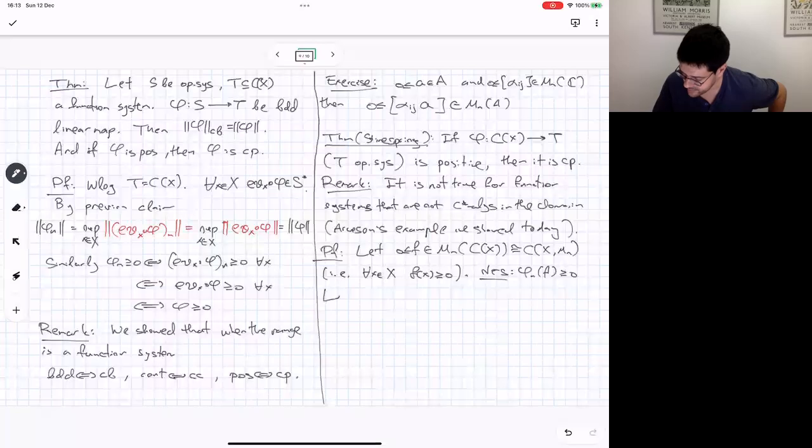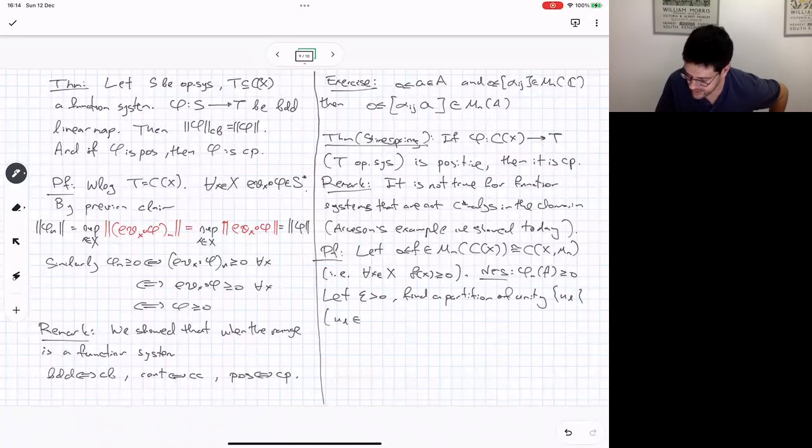Let epsilon be greater than 0. Find a partition of unity, חלוקת יחידה בעברית, u_l.